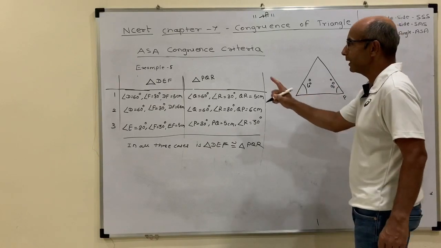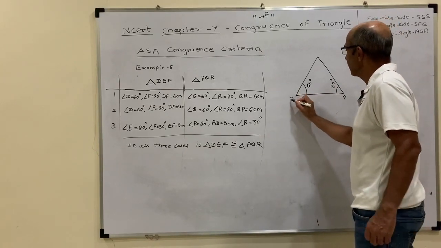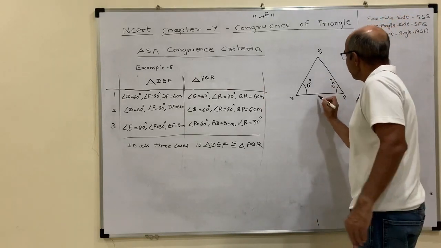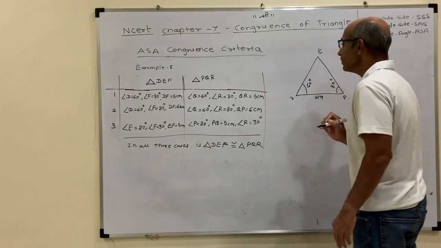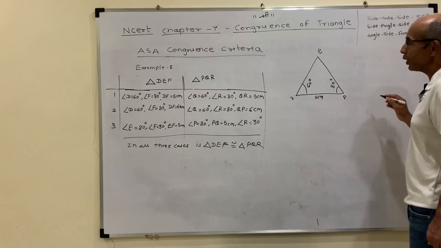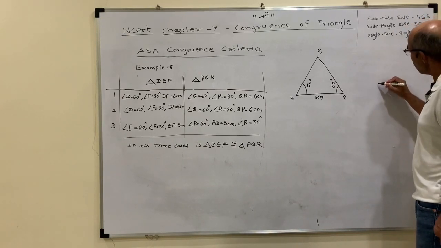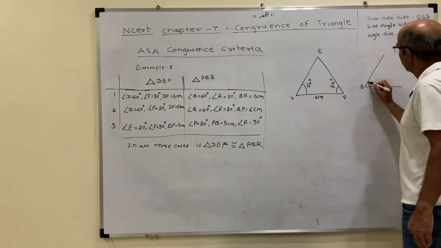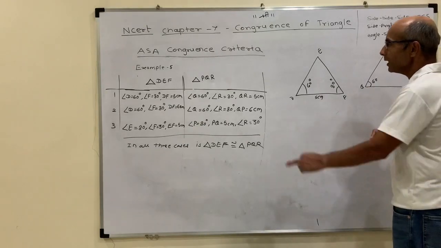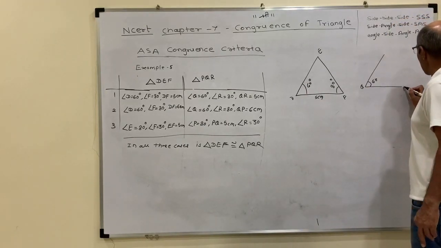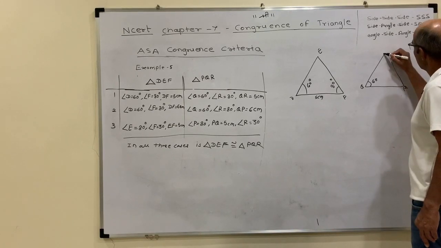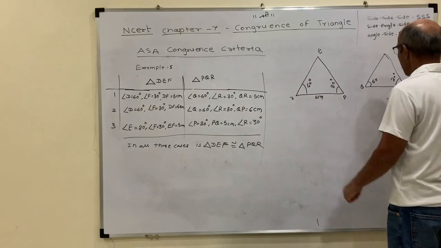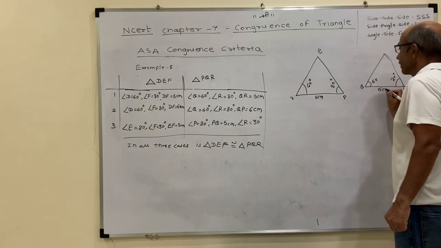And then they say DF is 5 centimeter. So this is 5 centimeter. Now PQR. My Q is 60 degrees. So this I treat as Q, which is 60 degrees. Then my R is 80 degrees. And then they said QR is 5 centimeter.